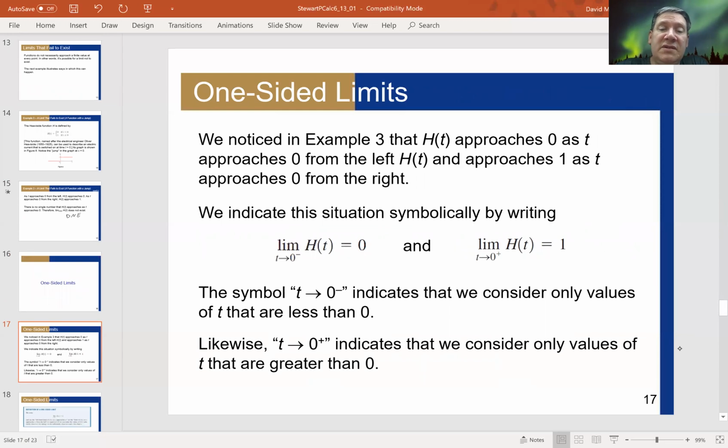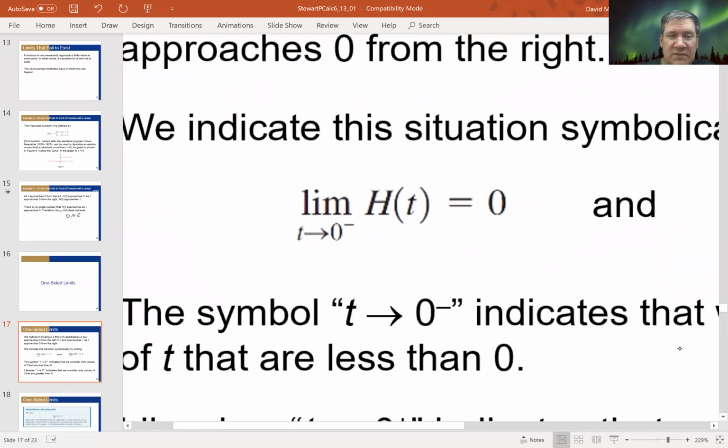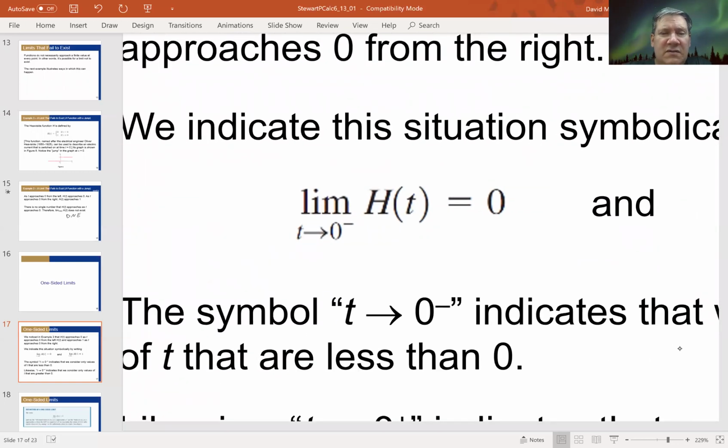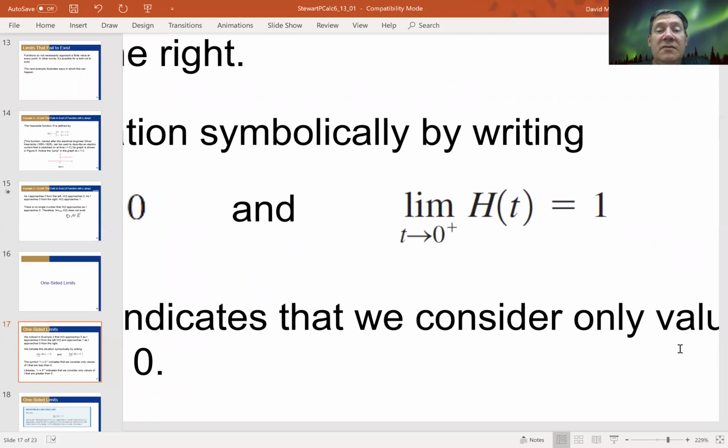Our symbols here, see, we're looking at, okay, as x approaches a value from the left, as x approaches from the right. All right, our symbols here, careful. This is the limit of h of t as t approaches 0 from the left. This is the notation that we use, the limit of h of t as t approaches 0 from the right.